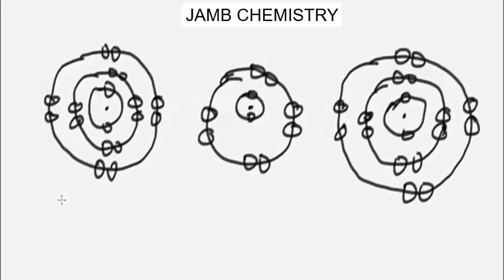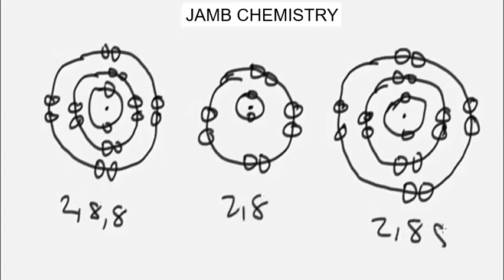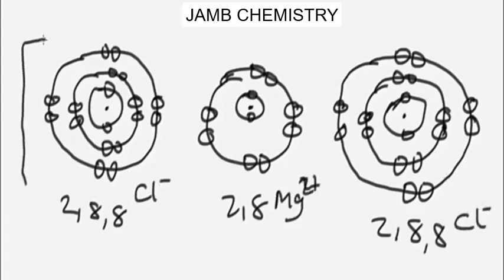Chlorine will not be 2,8,8. The magnesium will not be 2,8. Chlorine here will still be 2,8,8. Alright, this is now our chloride ion. This is now our magnesium ion. Alright, this is now our chloride ion. Now don't forget to enclose it like this, indicating that it's now a charged atom.